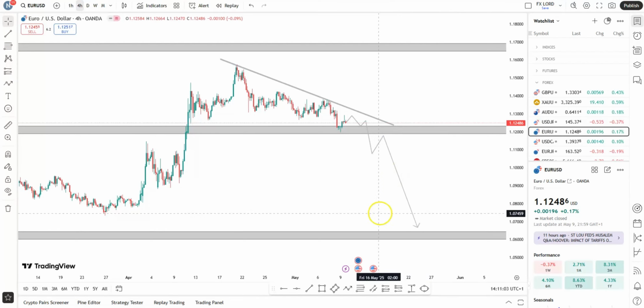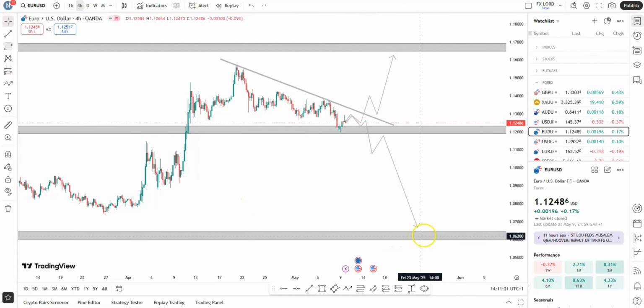So in this scenario, this is my bearish scenario on Euro USD, and my bullish scenario is the market coming up to this level, breaking out of this trend line, a retest, and we head upward, market coming up to retest the resistance level here. And the bearish scenario, market breaking below here and coming to retest this support level right here.